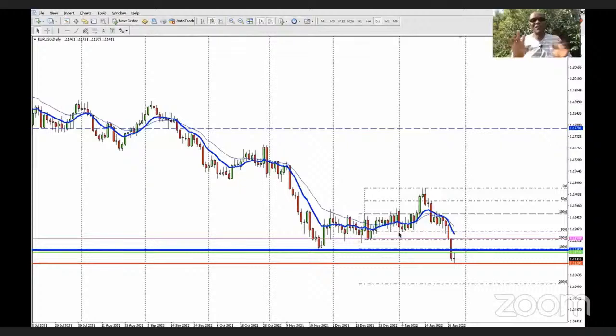We trade off the 5-minute chart, but we use the daily time frame to find the areas where we want to jump into trade. For those who have followed the show, you would know that I use a lot of measured moves, areas where price is likely to react, bounce, break out, whatever the case may be, to show me potential areas to jump into the trade.